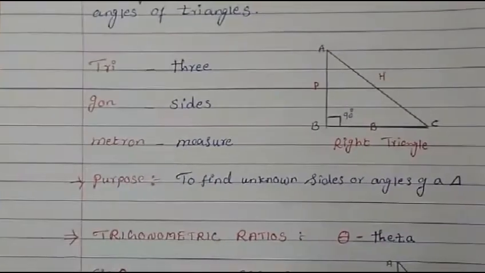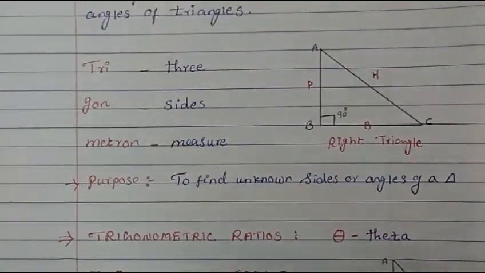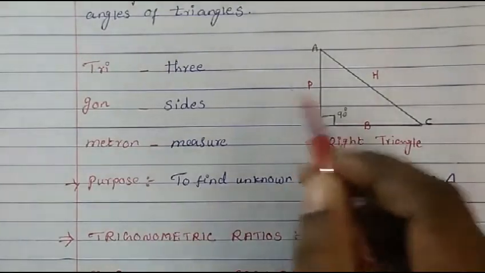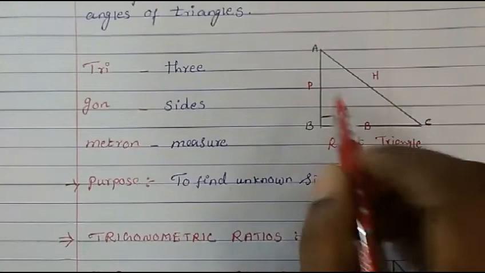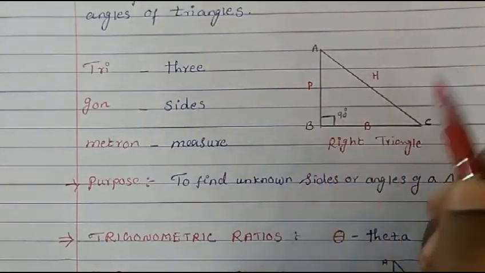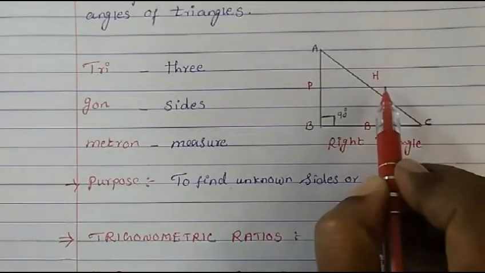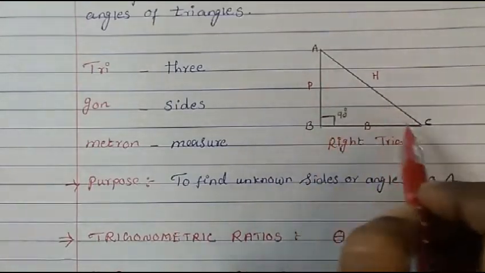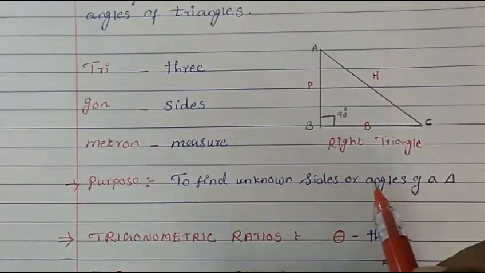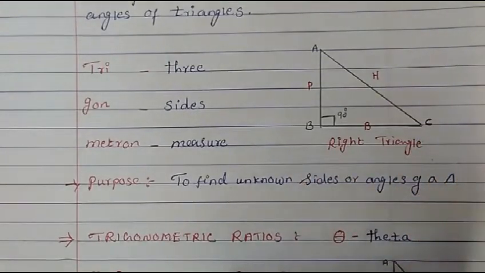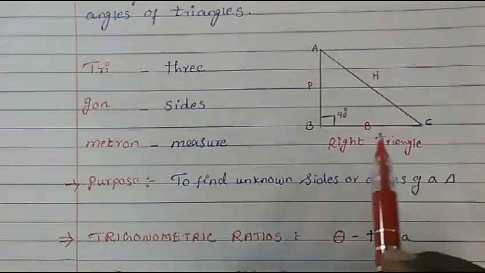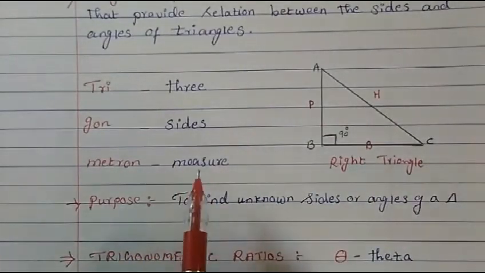I will tell you later which one will be base and which one perpendicular, so you don't need to worry. The hypotenuse is always the slope, the longest side. So one side we call base and one side perpendicular. That's all about trigonometry.